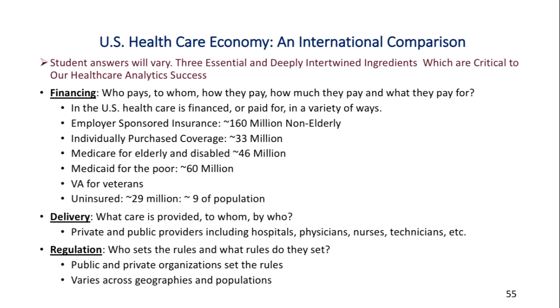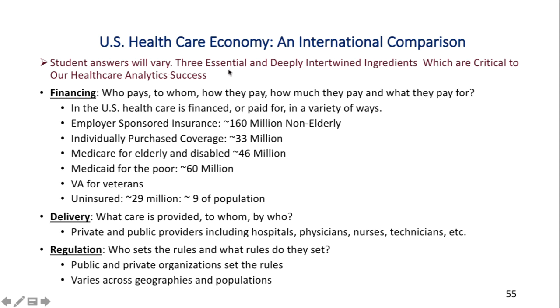Now we come back to the question that we had at the beginning of the lecture. So what is the best healthcare economy model? Your answer could vary, but this is my answer.